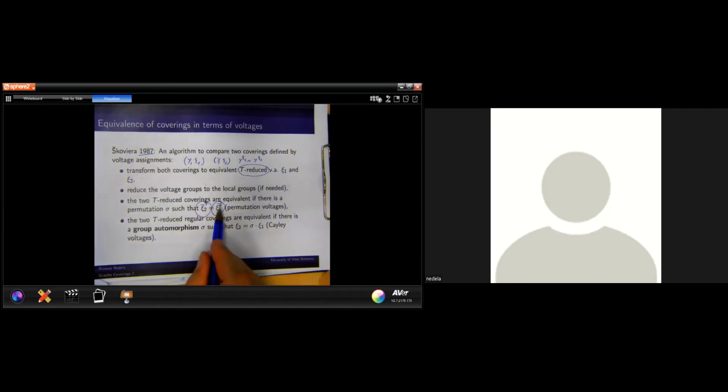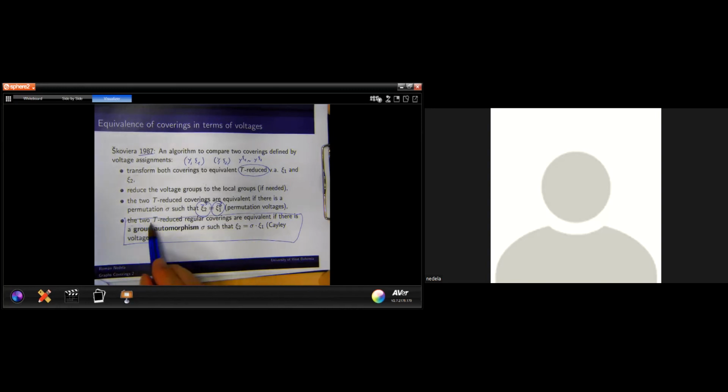This is conjugation, but what is conjugation? Everybody knows that in the symmetric group, the group of inner automorphisms, except S6, is the same as the group of all automorphisms. And here is the statement we have used, because we were working with Cayley voltage assignments in the example.